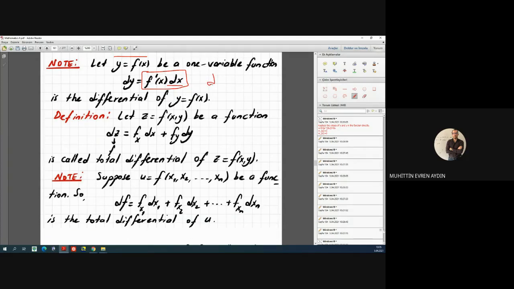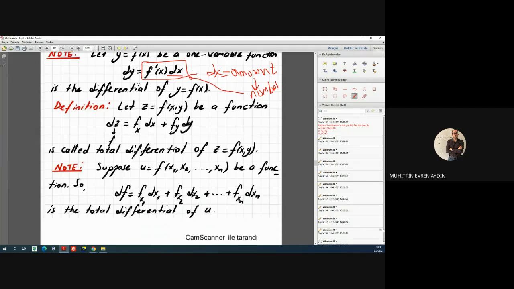Dx indeed is an amount, namely a number, the number of replacement on the x-axis.